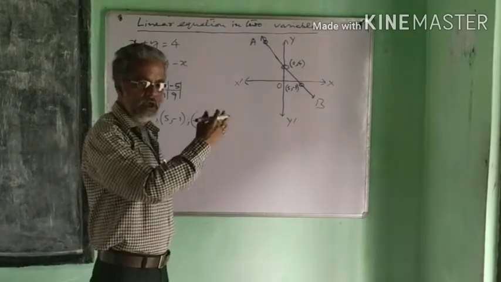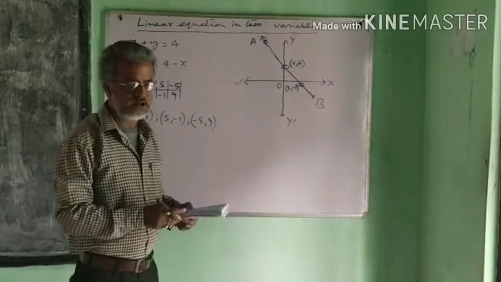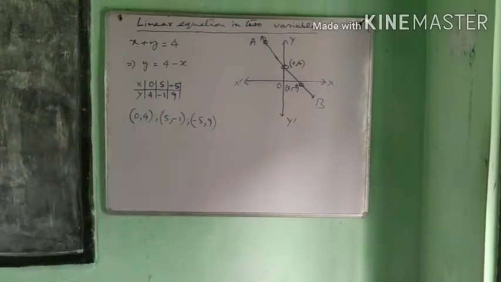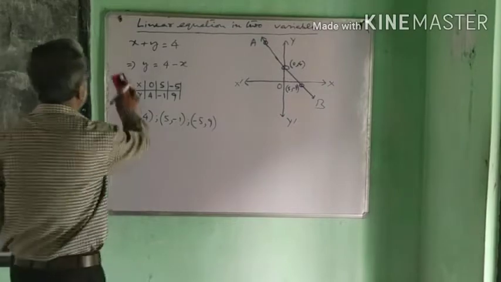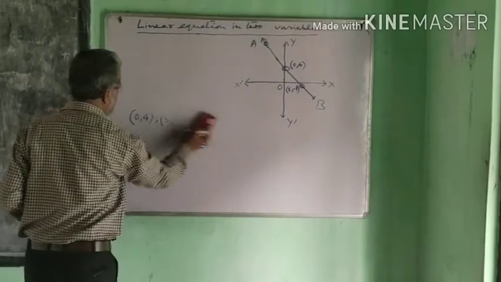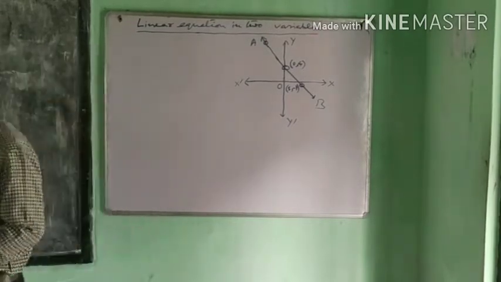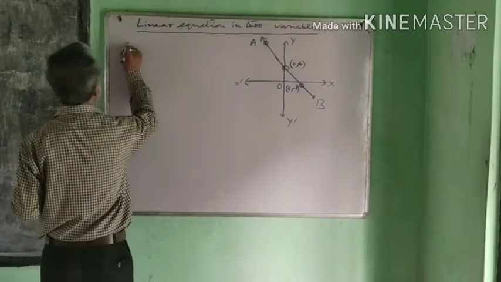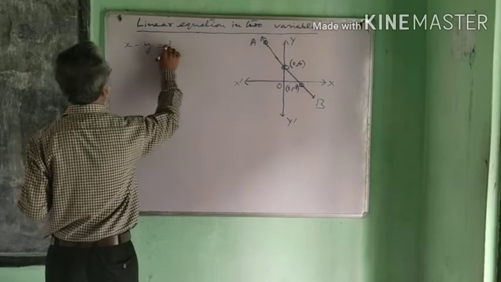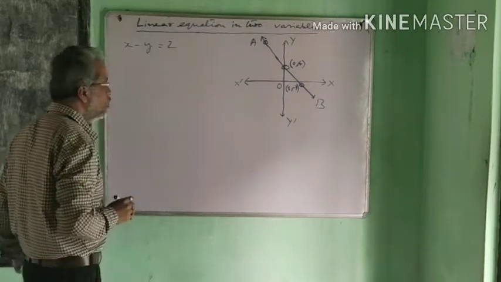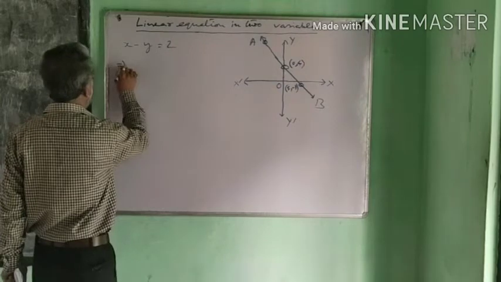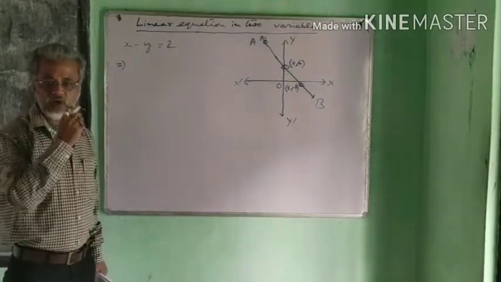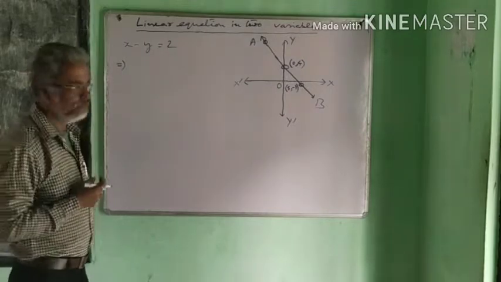Now, I will not draw any graph. I will take some examples of how to solve again. Let us take another example. X minus y is equal to 2. I have already told you, we solve it for y.